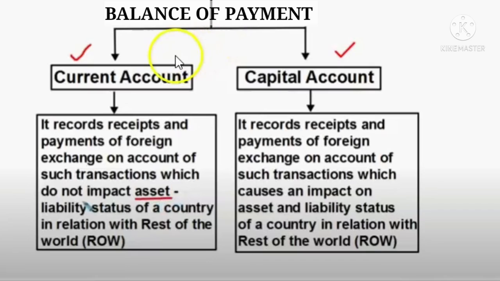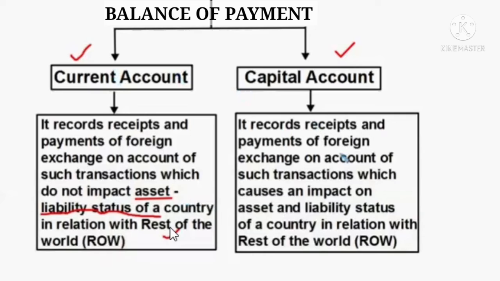Then we have seen that the balance of payment is divided into two: current account and capital account. The current account records receipts and payments of foreign exchange on account of such transactions which do not impact the assets and liability status of our country in relation to the rest of the world. So that does not affect any assets and liabilities of the country.